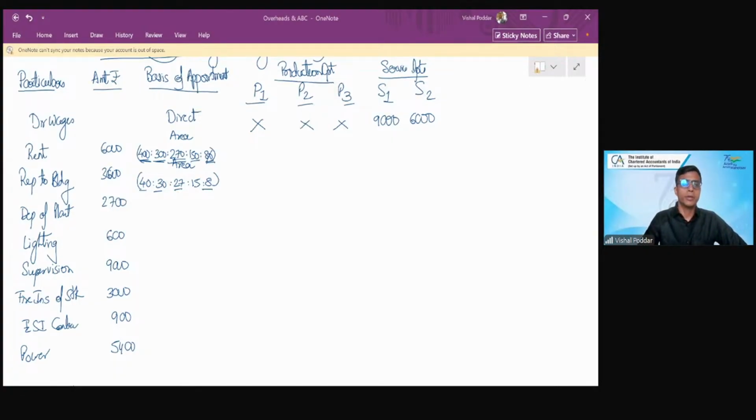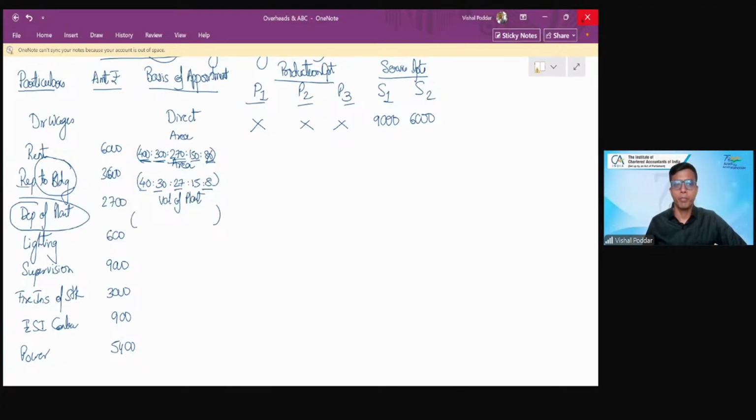See, Tejas, when you are saying repair can be value of plant, okay, I could have taken value of plant, but it is specifically given repair is of building. If it is of building, why will I take value of plant? Had this been repair to plant, like here, depreciation is of plant, definitely I'll take value of plant. Agreed.